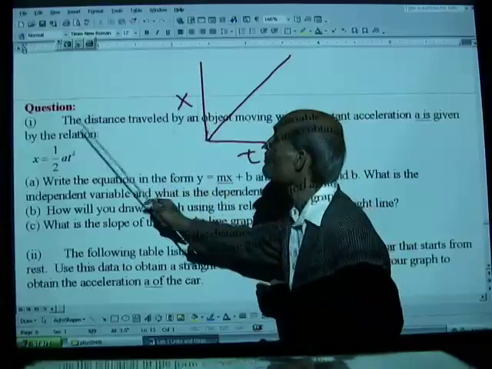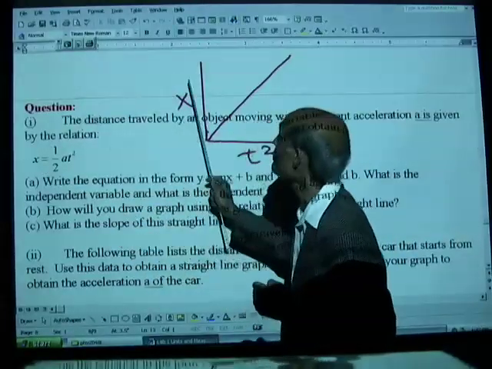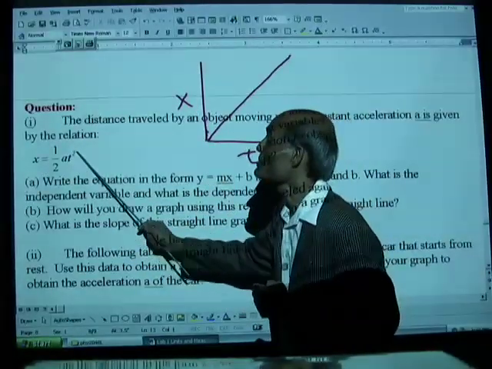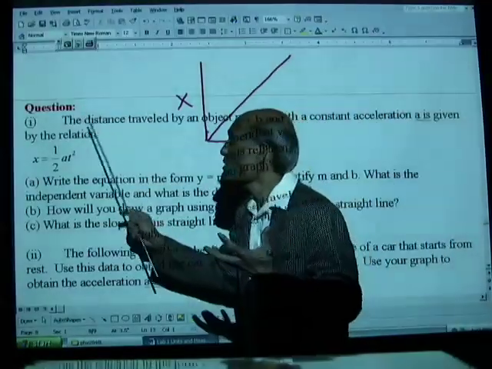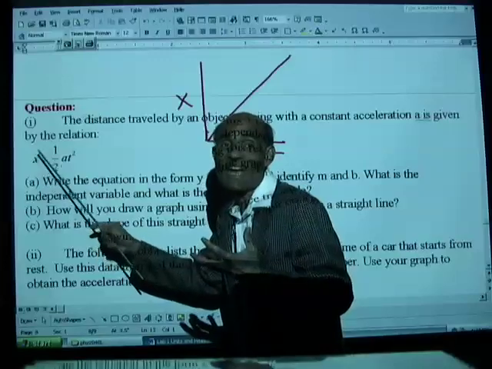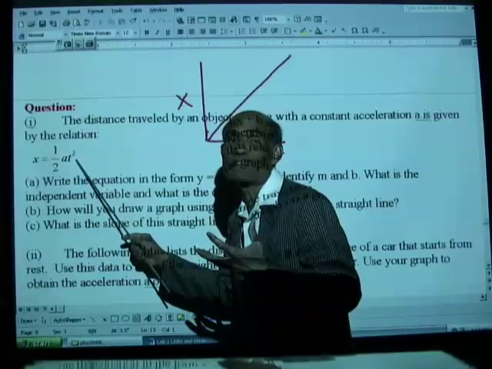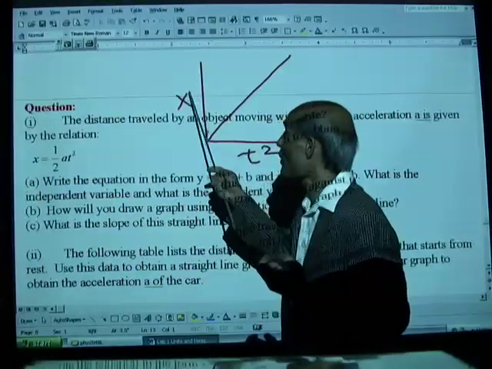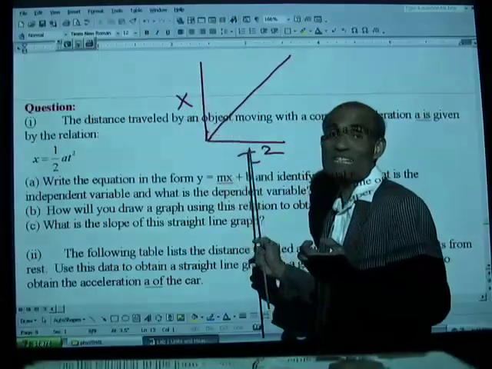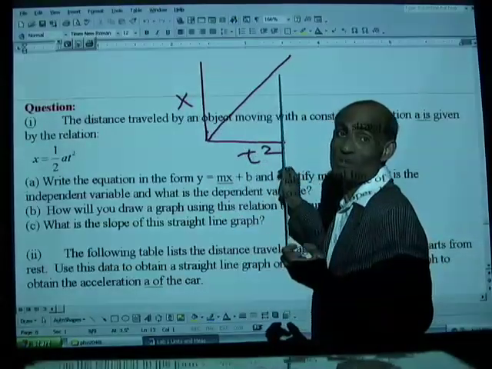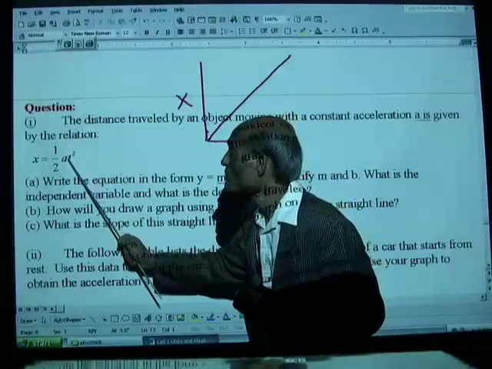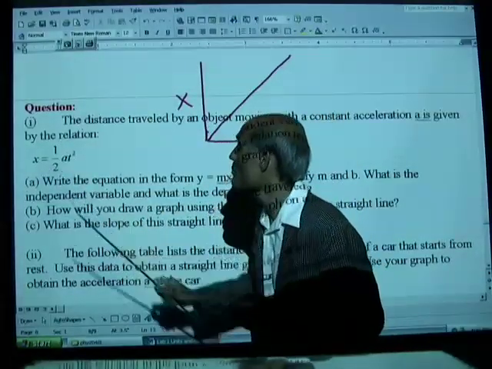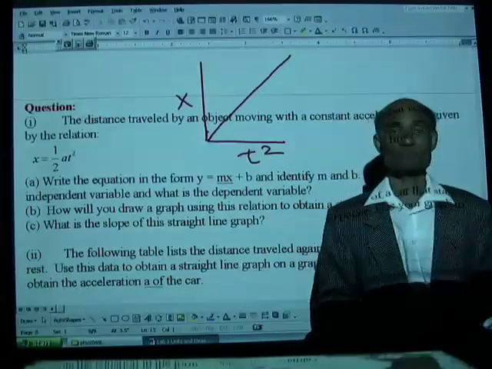So if you draw a graph of x on the vertical axis and t squared on the horizontal axis, we call it the graph of x against t squared. If you draw a graph of x against t squared, you get a straight line passing through the origin, and the slope of that graph will be 1/2 of a.